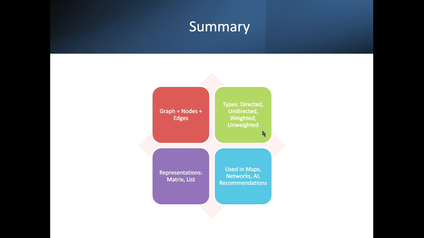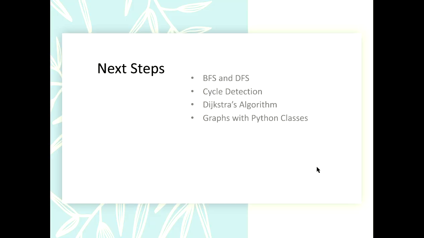And we can represent it in two ways: adjacency matrix and adjacency list, each for its own use cases. And it is used in maps, networks, AI, recommendations, and as we have seen before, we can use it for social media as well. So that's a brief summary.